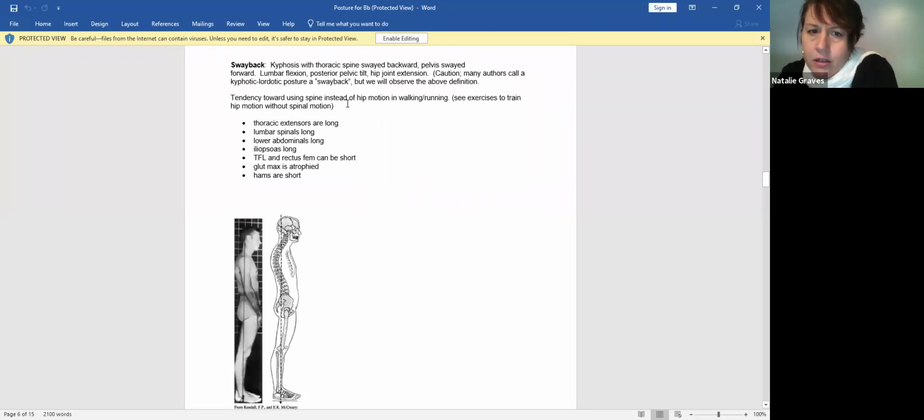There is a tendency toward using the spine instead of hip motion in walking and running. Generally speaking, we don't want the tail wagging the dog. We want the dog wagging the tail. The more proximal segment, the spine, being the most proximal segment, should be the most stable.